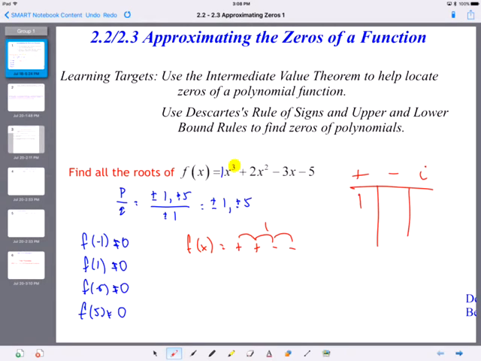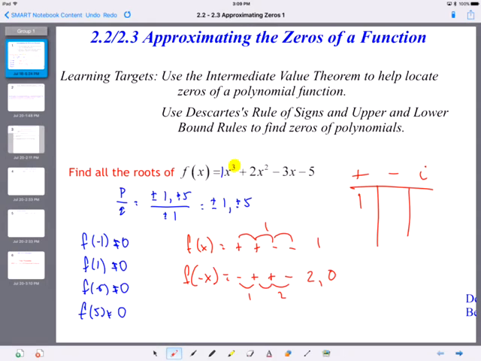Then if we do f of negative x, plug in negative x squared and get positive. Plug in negative x and get negative 3 times negative x, which would be positive. And then the last one is negative. So in this one we have 1, 2 sign changes. So with the negative we have 2 or 0, and the positive we only have 1.